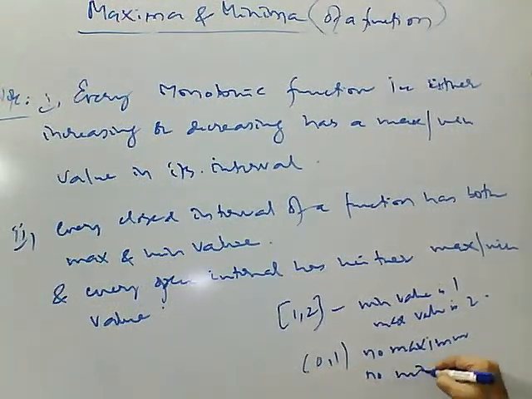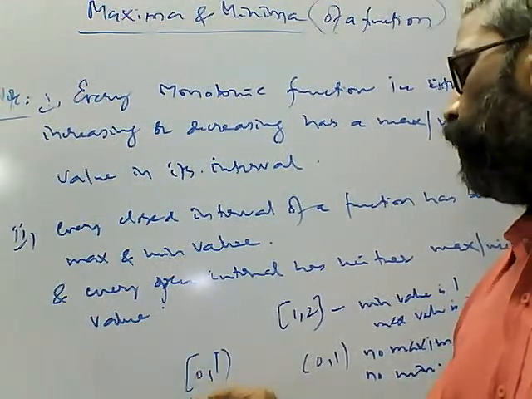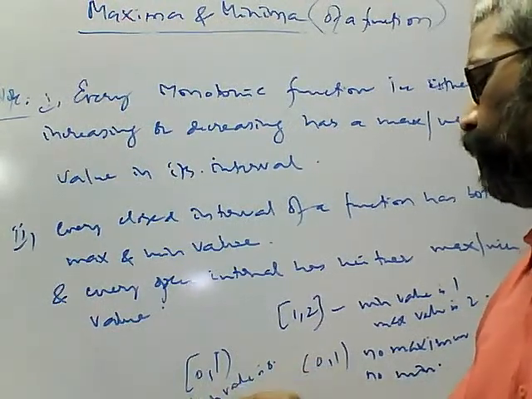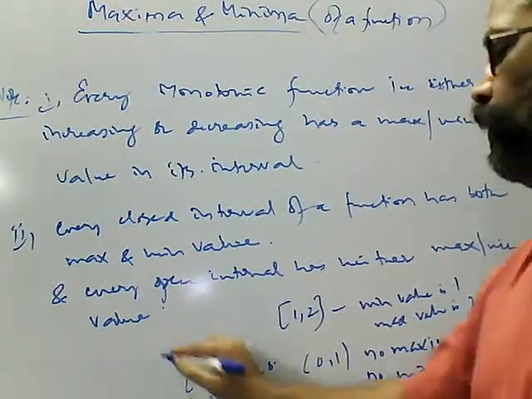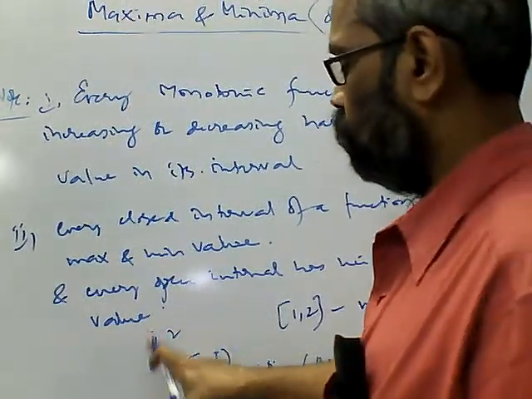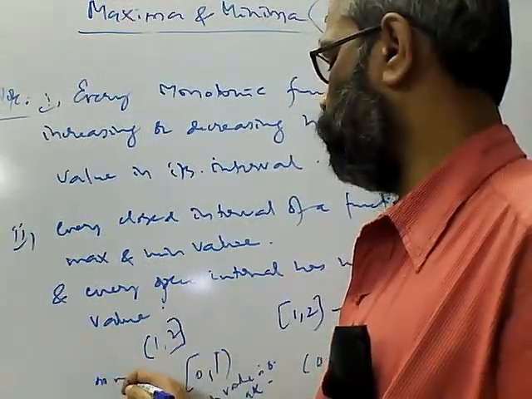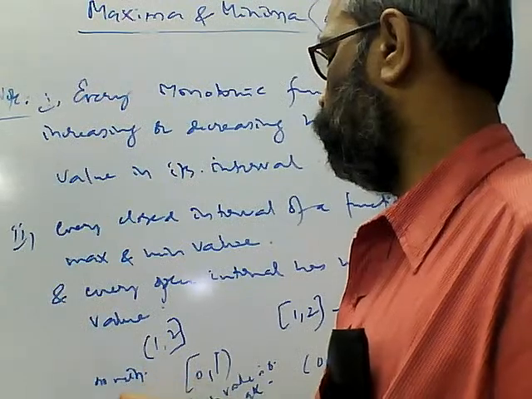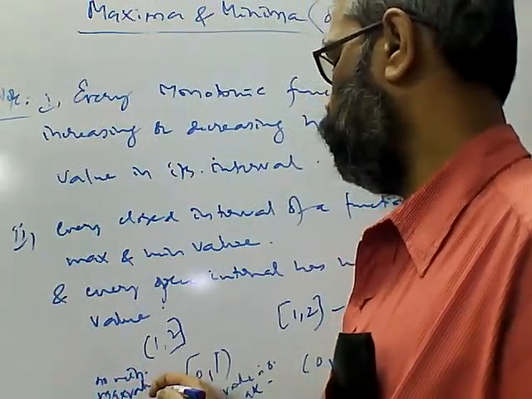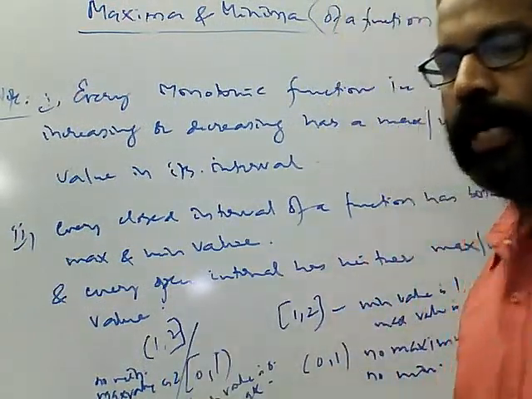Suppose 0 and 1 closed on the left: the minimum value is 0, no maximum. Now if I take 1, comma 2 open on the left: no minimum value and the maximum value is 2. Are you clear?